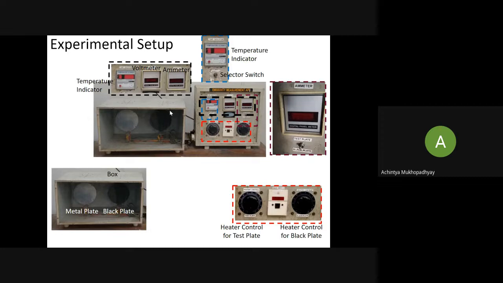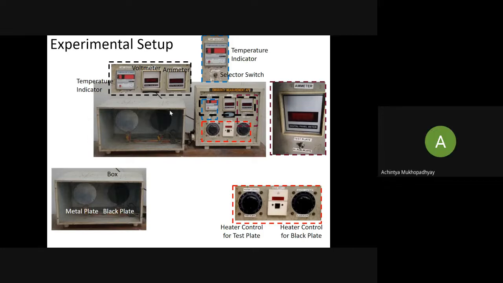But the convection will take place in a local manner, so that will be determined by the temperature of the air inside the box. If there is a significant heating of the air inside the box, then the surrounding temperature for convection and the surrounding temperature for radiation would be somewhat different. But here we do not take that into account.